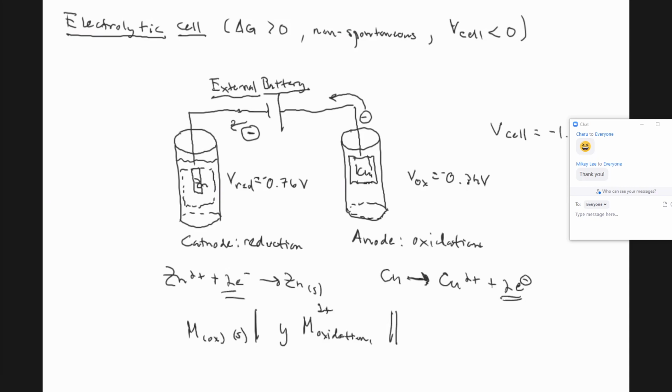And the other notation is some amount of some metal ion, double line, and then reduction.